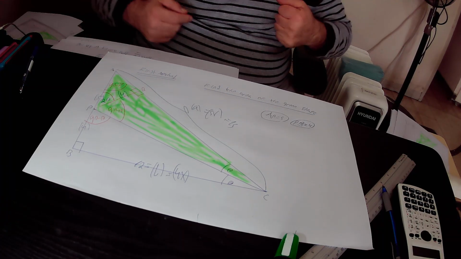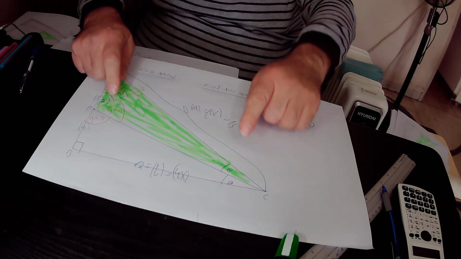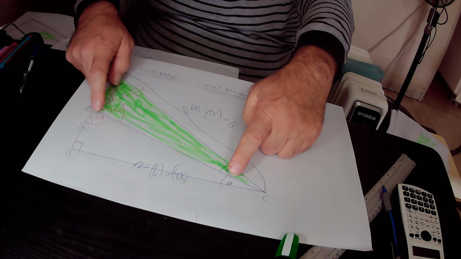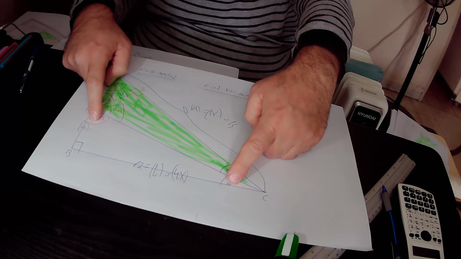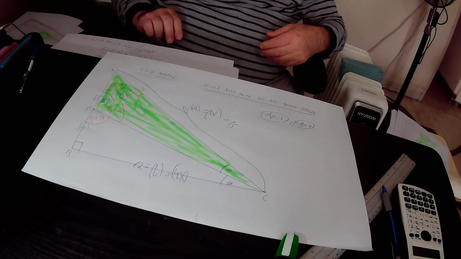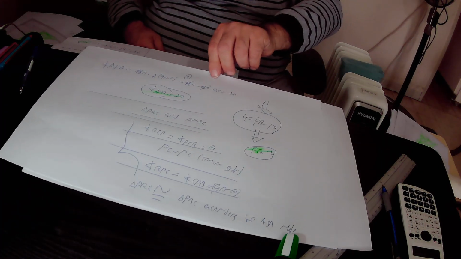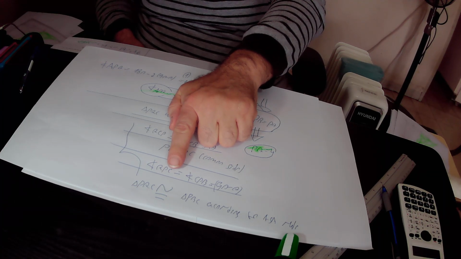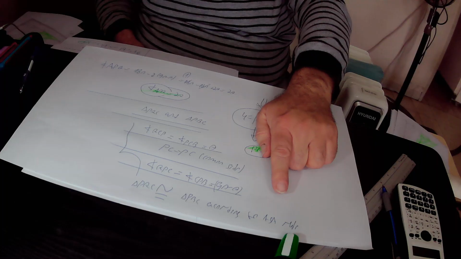Therefore, those two right triangles are congruent according to the angle-side-angle rule. And again, in total, we found that the green right triangle PQC is congruent to the white right triangle PBC according to the angle-side-angle rule.